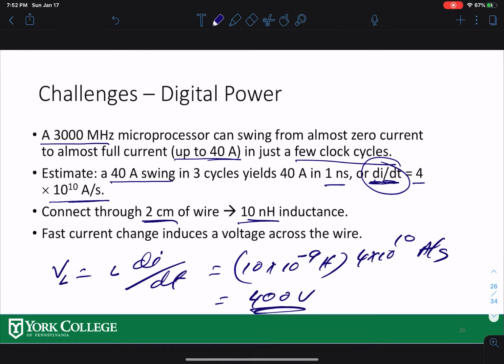Look at that, it's generating 400 volts. Your digital circuit microprocessor cannot handle 400 volts. It's going to destroy anything in its way. So that's the problem with high frequency, high current requirement, and inductance in the circuit.